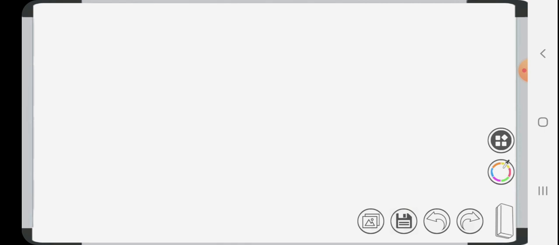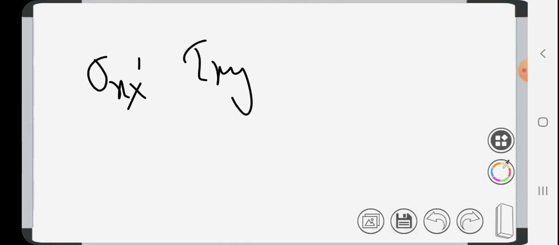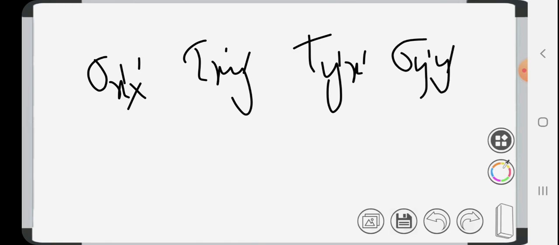You will get all new terms based on the new frame.